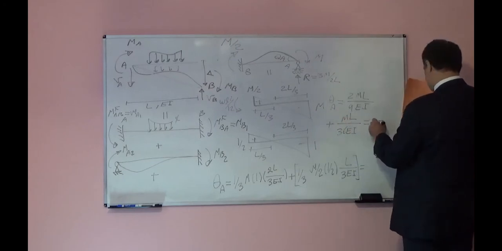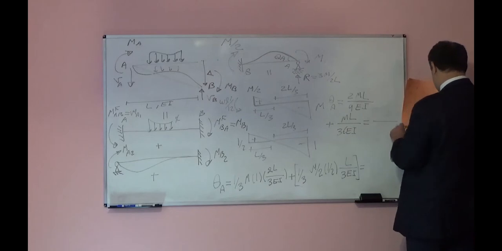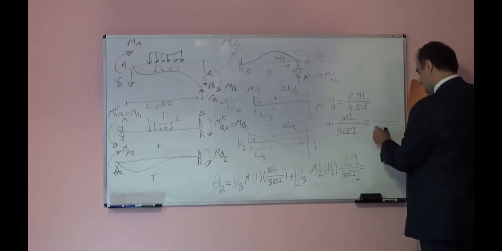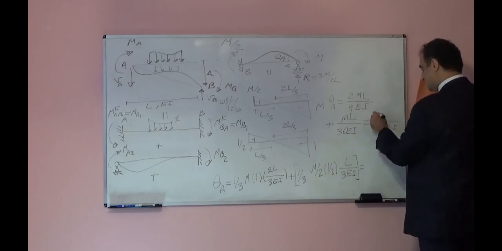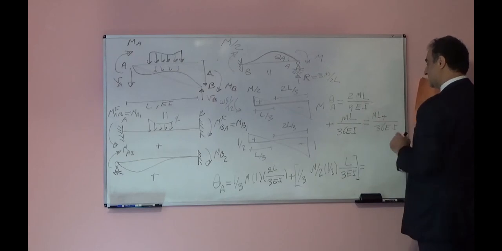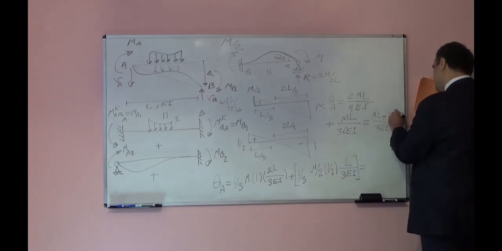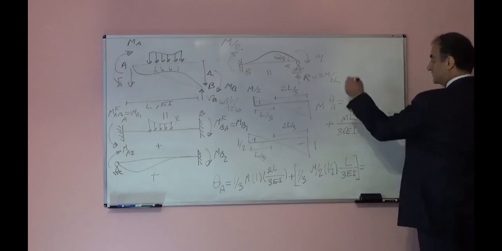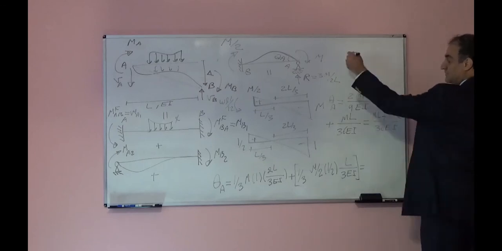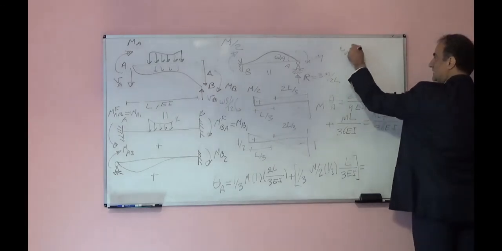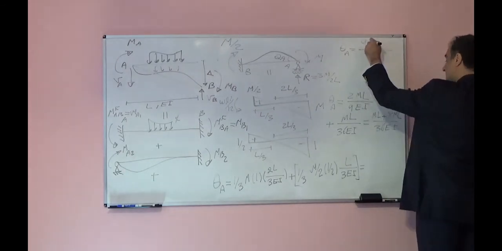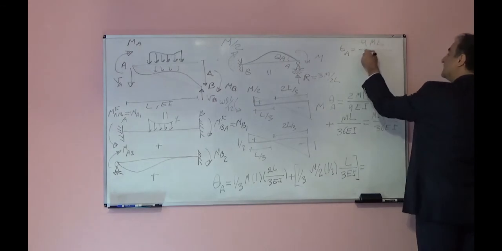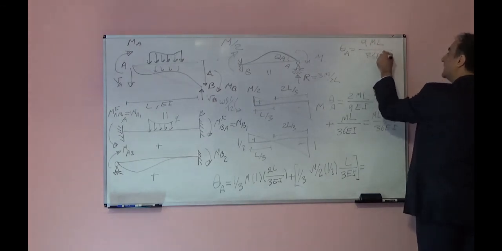The answer for this, if I add this together, it will be 36 EI divided by 36, it will be ML plus 4, that will be 8 ML. So finally, if I add these together, theta A will be equal to ML plus 8 ML, will be 9 ML over 36 EI.